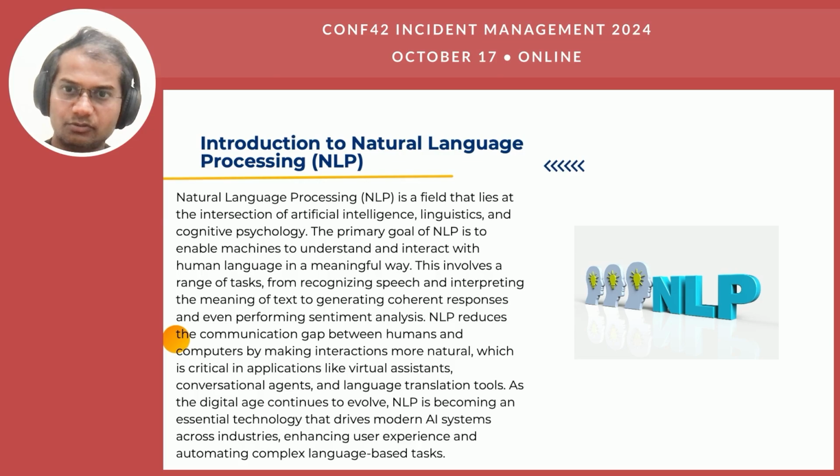It plays a crucial role in bridging the communication gap between humans and machines, allowing for more intuitive and effective interactions across various applications, such as virtual assistants and automated customer support. As we go forward, I will explain some of the key techniques that enable NLP to function effectively.